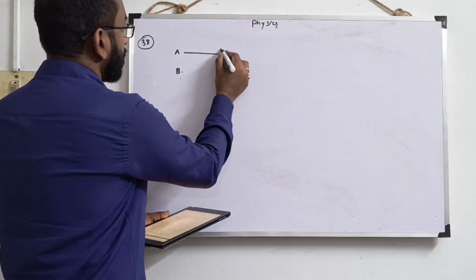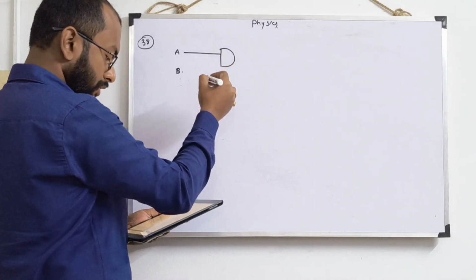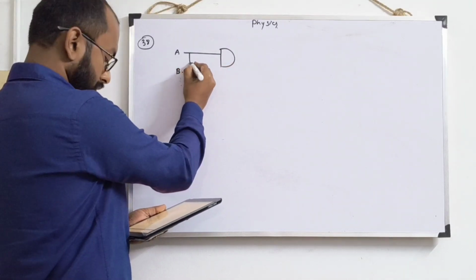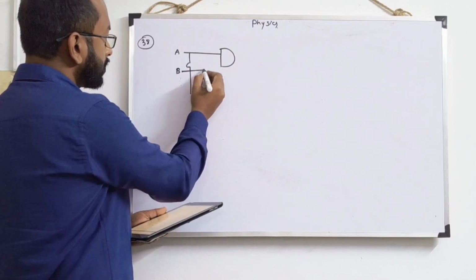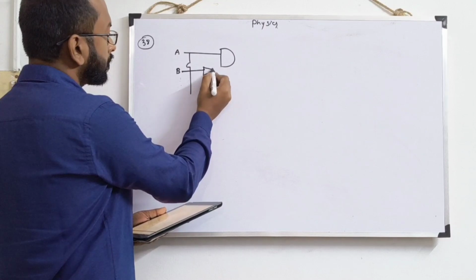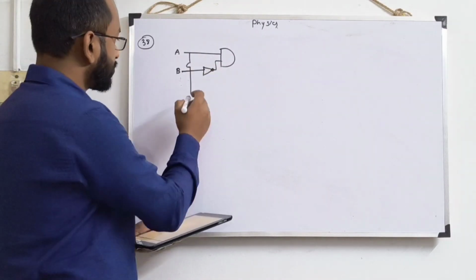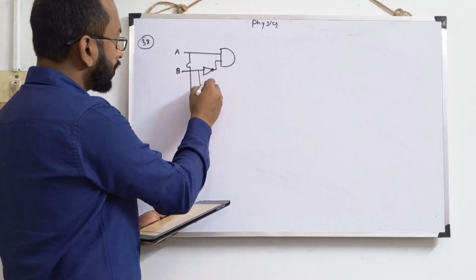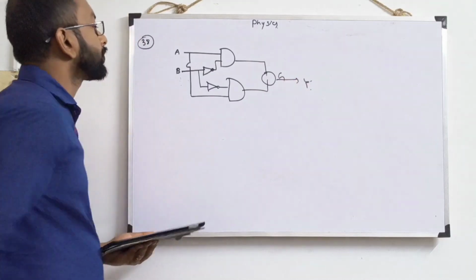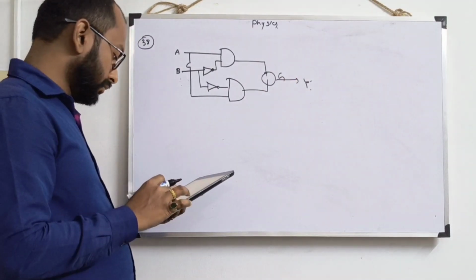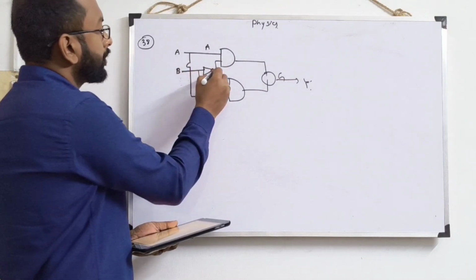Okay, that is directly going, and then it is coming via a NOT gate. It is very complicated to draw this. Maybe the same thing is repeated. From here we have another. Okay, now output Y. A is going directly.